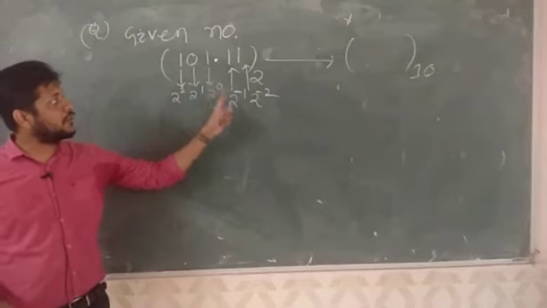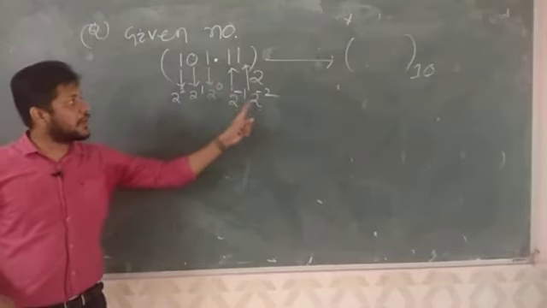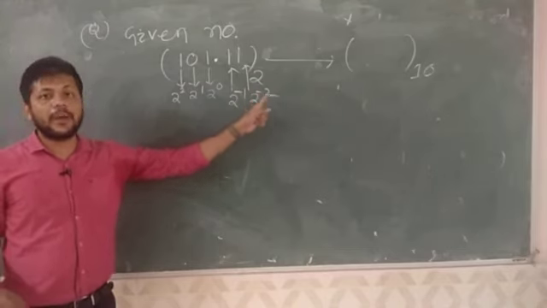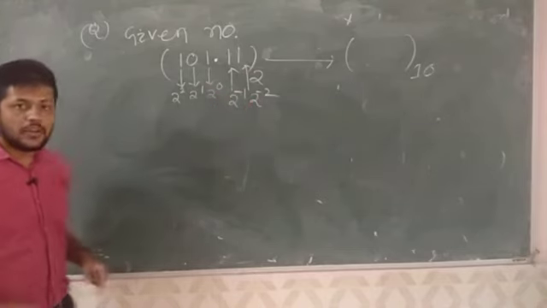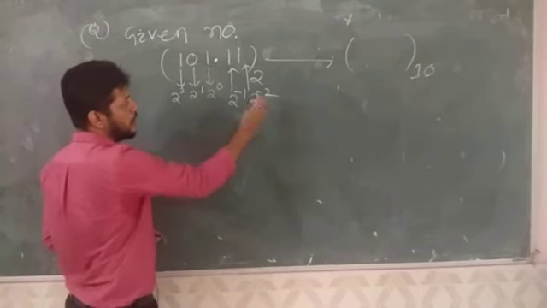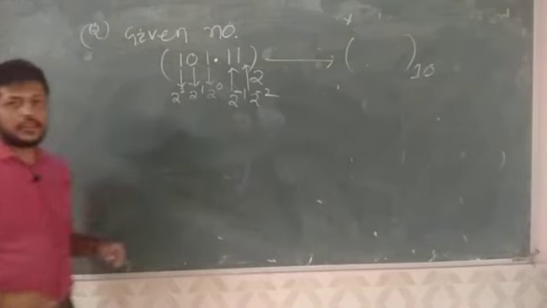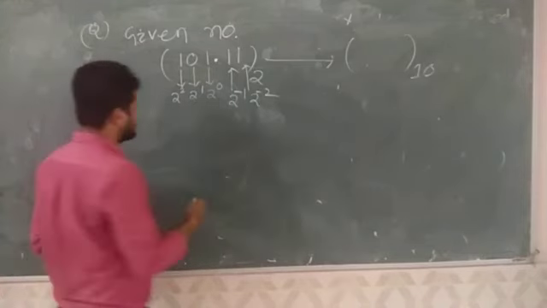After the point the positional weight is 2 to the power minus 1. Thereafter the positional weight is 2 to the power minus 2. 2 to the power minus 1 means 1 by 2, or 0.5. 2 to the power minus 2 means 1 by 2 square. We have already studied this in math, mathematical power.